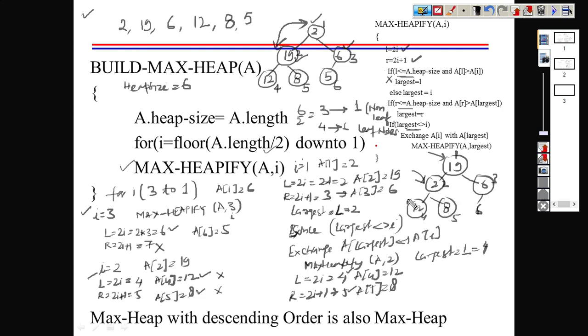Now again, when you reach the leaf, as we have discussed, it will not call again, because for the leaf node there is no left and right child. So what you finally get is 19, 12, 2, 8, 6 and 5, and our algorithm is finished.